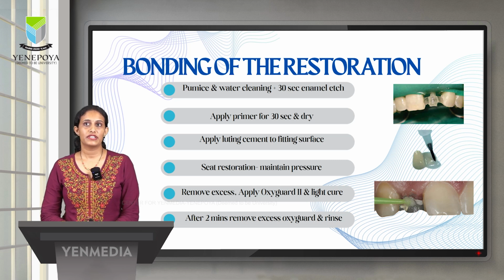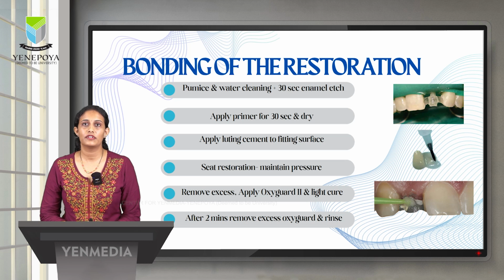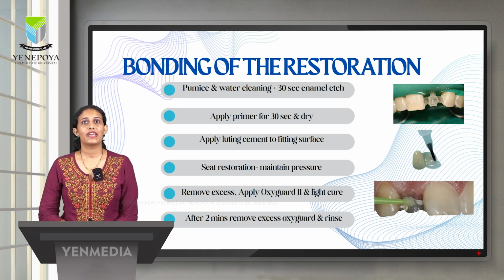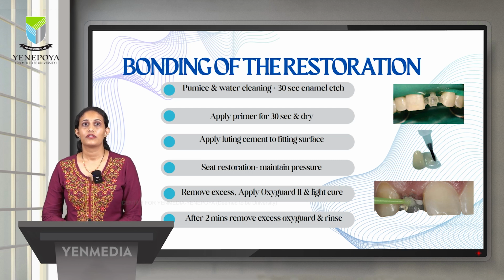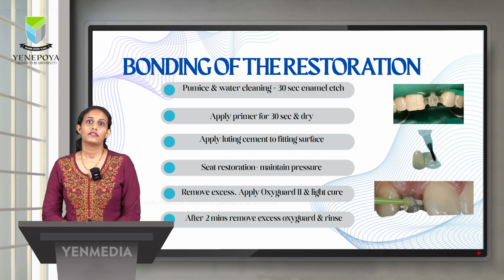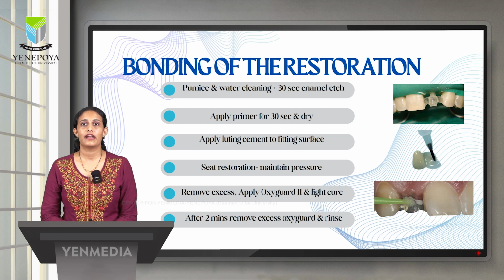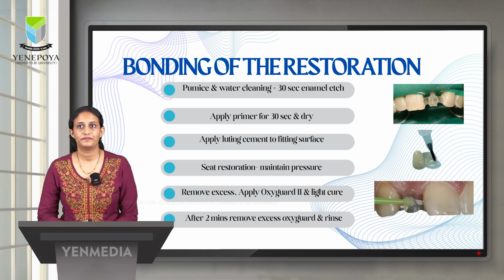Now apply the luting cement to the fitting surface of the restoration or the retainer and seat the restoration with continuous pressure. Now remove the excess cement and apply OxyGuard and light cure. Now once the cement sets, remove the excess OxyGuard and rinse the structure.